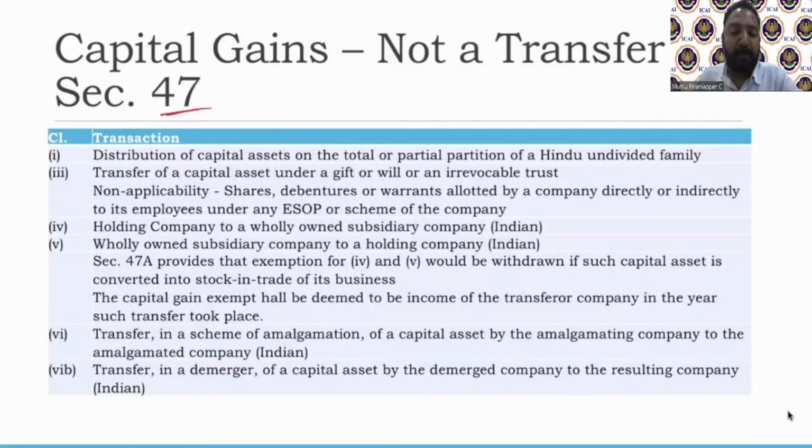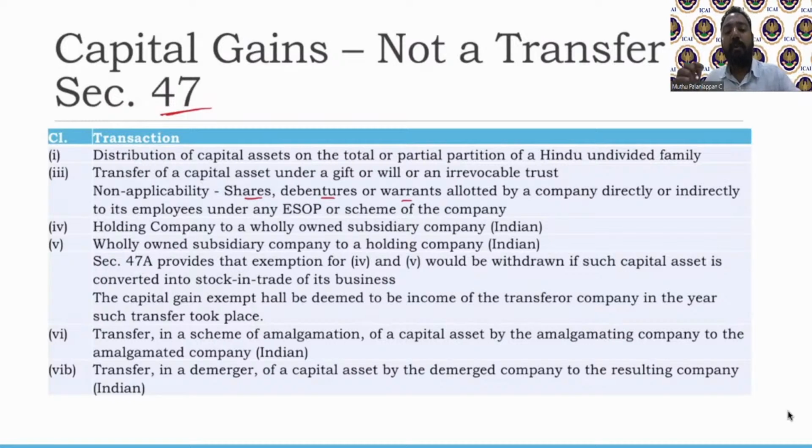Again, transfer of capital asset under gift or will or irrevocable trust. And this provision is not applicable for shares, debentures, warrants allotted by a company directly or indirectly to its employee.